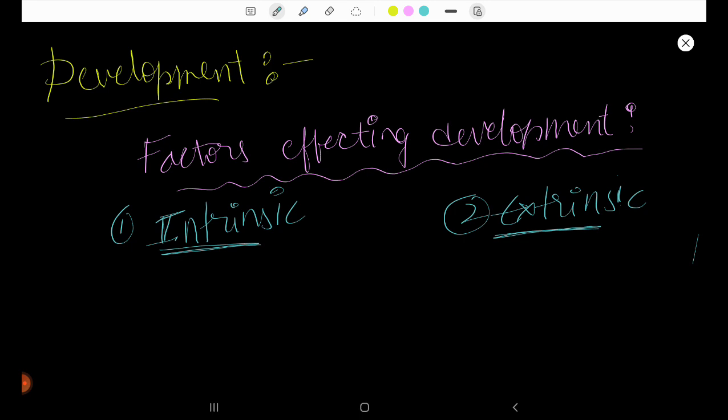There is one more factor, which is called plant growth regulators or phytohormones, which we will be studying in the next lecture and coming lectures too. Now let's see what the intrinsic and extrinsic factors are.